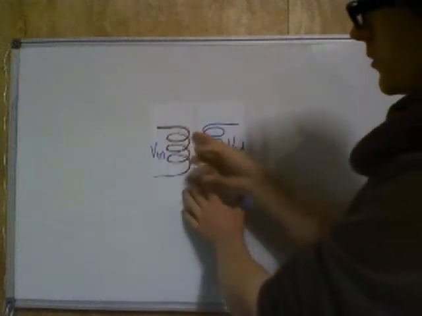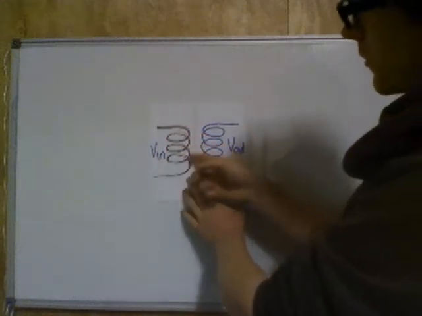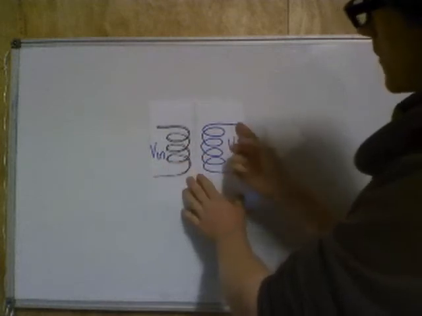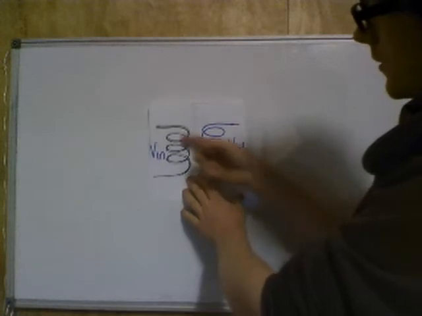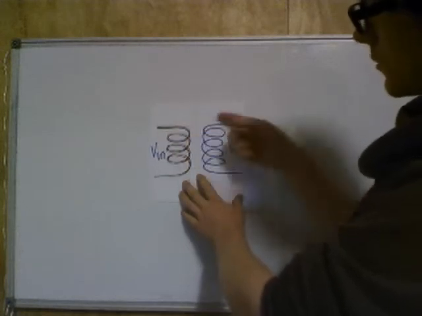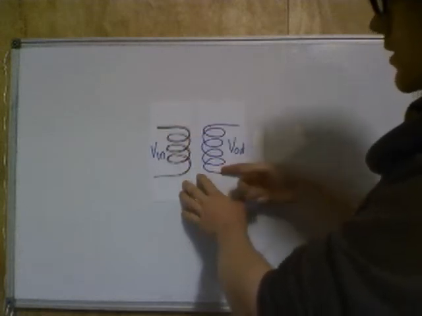So if we go to a diagram now, we have an input voltage, alternating voltage coming through this wire here. We have another coil of wire nearby. This alternating voltage creates an alternating voltage and an alternating current in this coil.